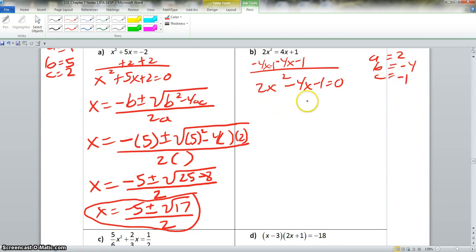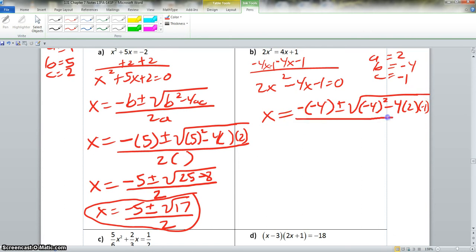Now we go through and we use this quadratic formula. So we have x is equal to, we do the opposite of b, which is negative 4, plus or minus the square root of negative 4 squared minus 4. Our a is 2, and our c is negative 1, all over 2 times a, which would be 2 times 2.